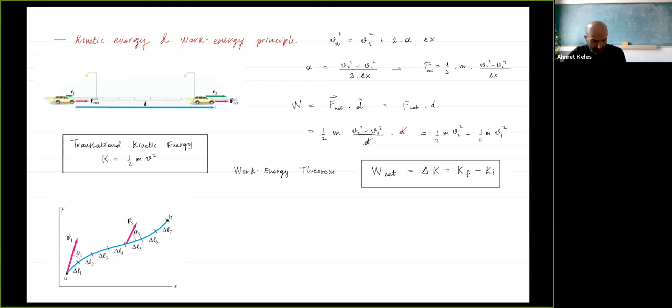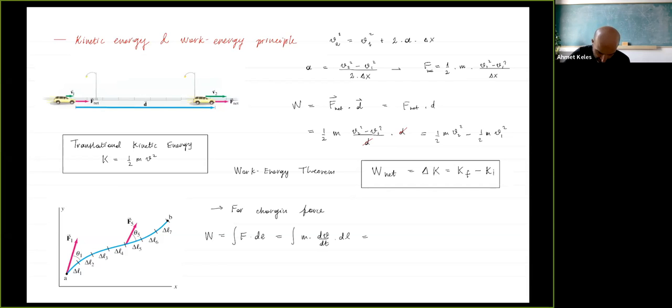Now I want to generalize this for changing force. Let's write what we know. Work is equal to F dot dl. Suppose everything is in the same direction to make things simple. I know F is equal to M times A, which is equal to M dV dt times dl.